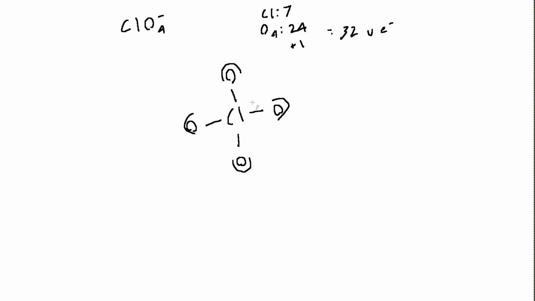Now, this does seem nice because it doesn't violate our octet rule on the chlorine, but let's look at formal charge for a second. So these are 3 lone pairs plus 1 bond. That's going to be 7 for our total number of electrons in this area on each of them. And since oxygen has 6 valence electrons, this is an extra electron on each one. So all of these have a formal charge of -1. That's not very good.